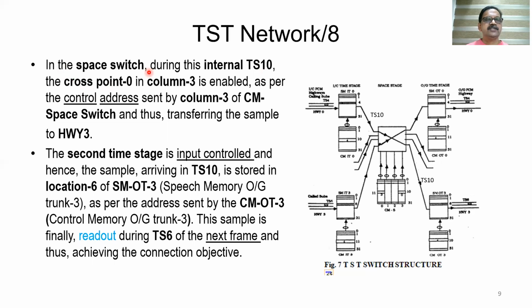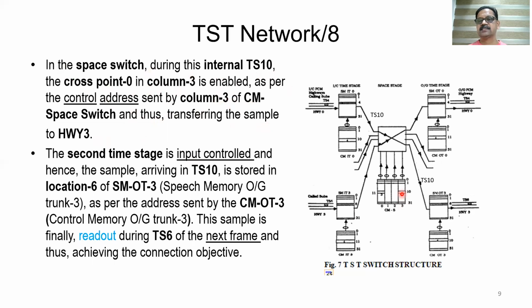In the space switch during the internal time slot 10, the cross point 0 in column 3 is enabled as per the control address sent by column 3 of the control memory space switch, and thus transferring the sample to highway 3.